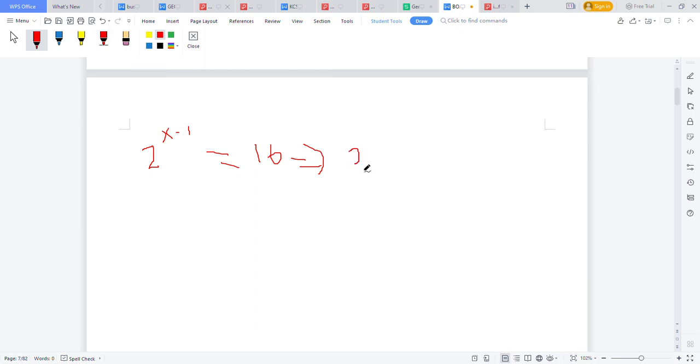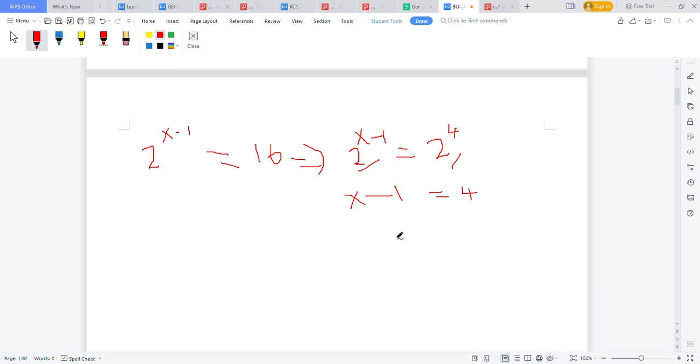So you have 2 raised to x minus 1 is equal to 2 raised to power 4, which is the same as 16. We simply compare the powers if the bases are the same. So you have x minus 1 is equal to 4.